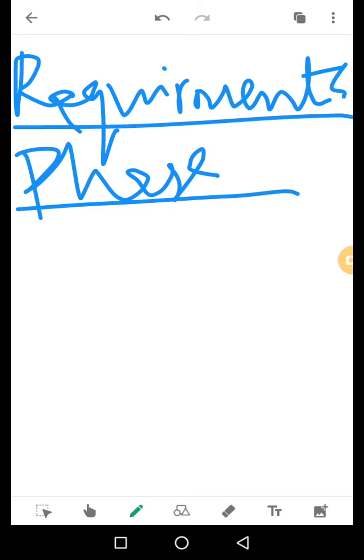So let's have a look at requirement analysis. Although we have discussed it, let's review it. The moment all stakeholder requirements have been gathered, a structured analysis can be done after modeling the requirements.